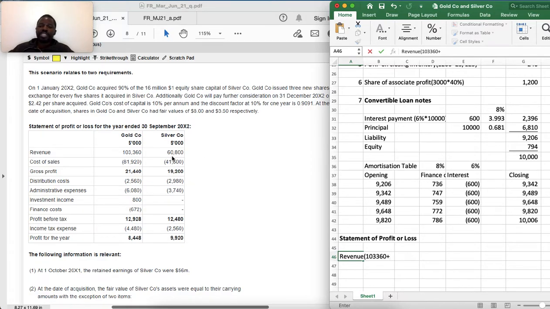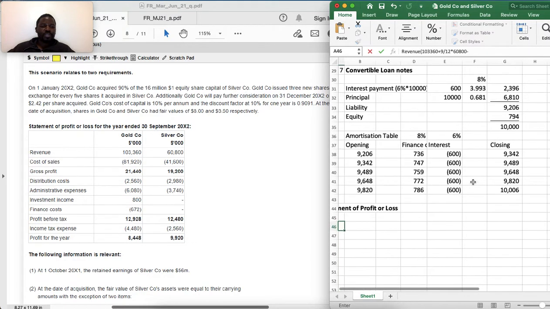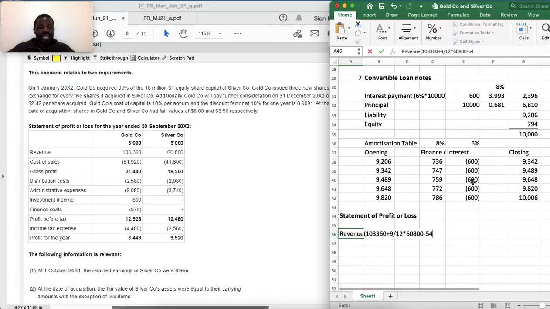We mustn't put the 6,800 as revenue, as we only need 9 months worth of revenue. So we'll say plus 9 over 12 multiplied by 60,800. We have to less the intra-group sales of 5,400, like that.